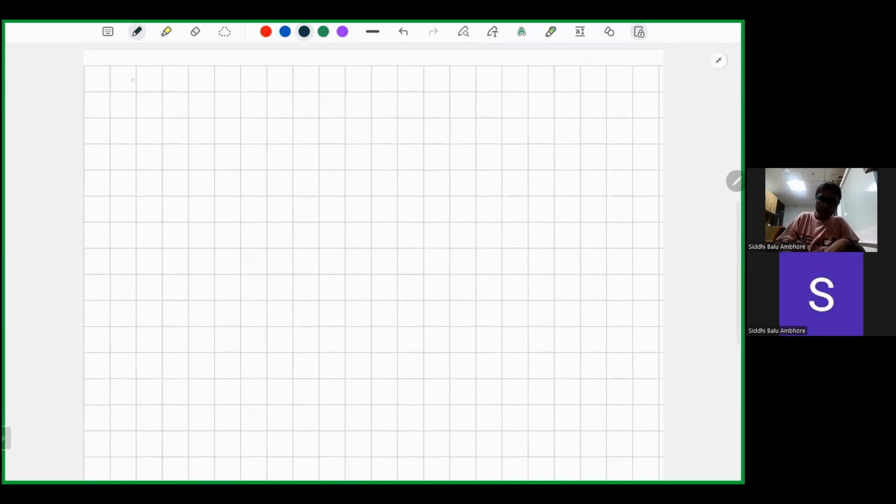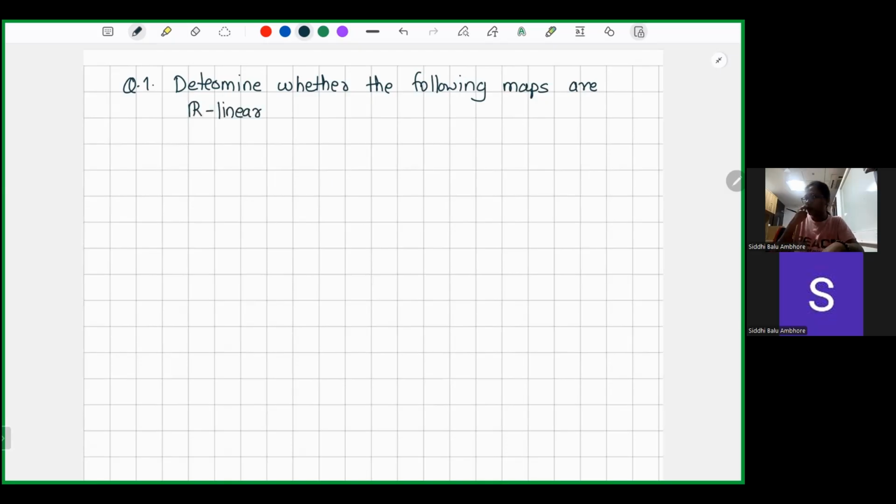So let us start with our first question. Determine whether the following maps are linear.